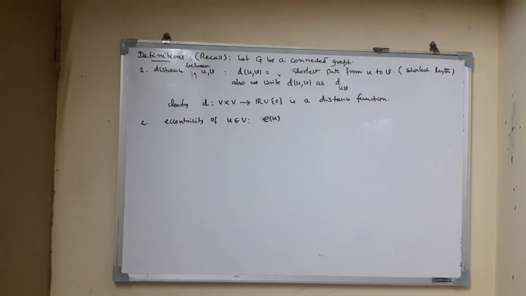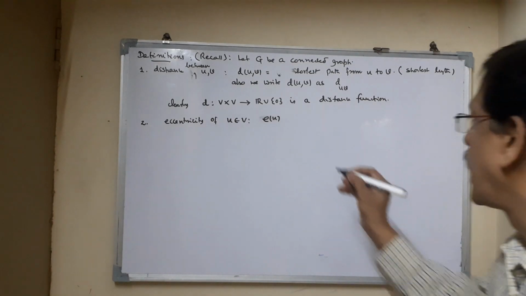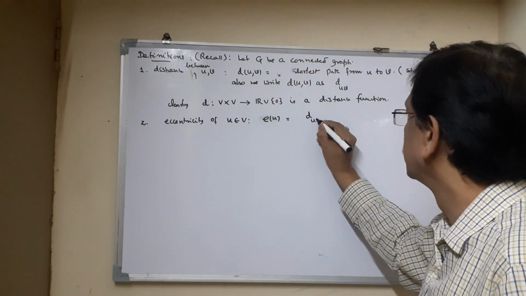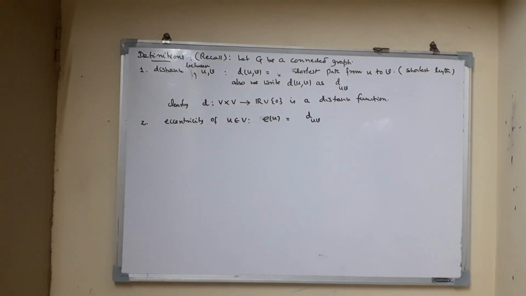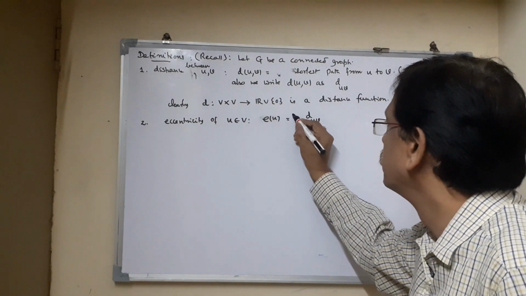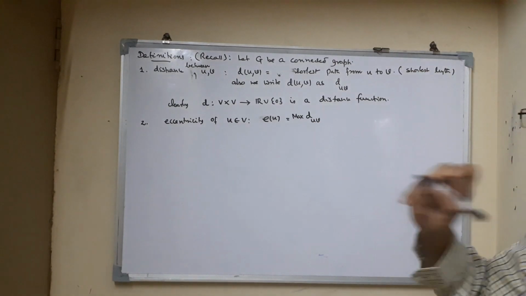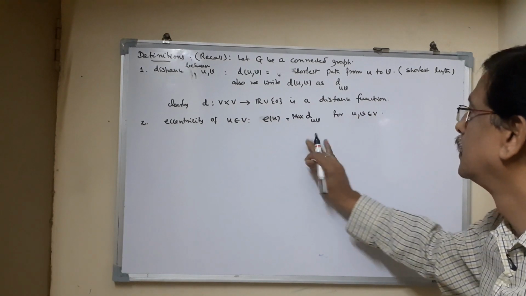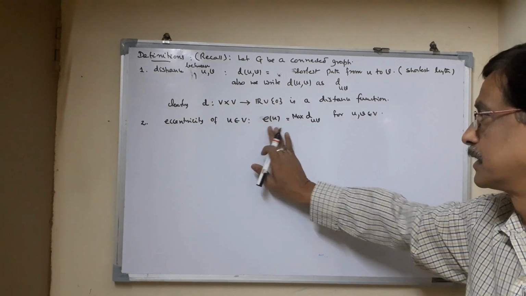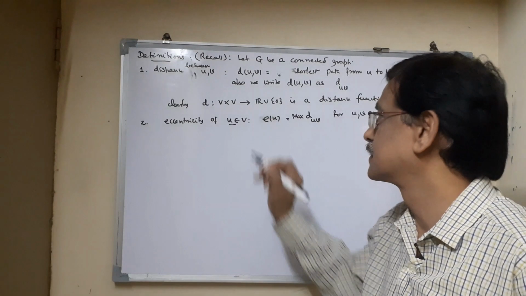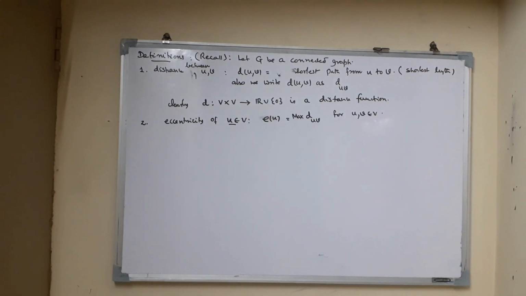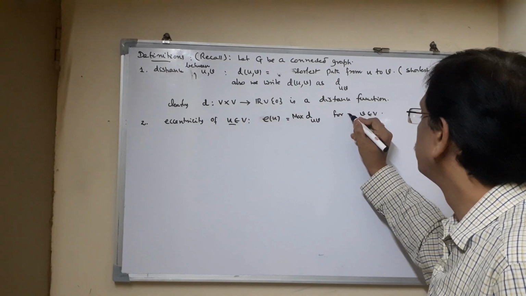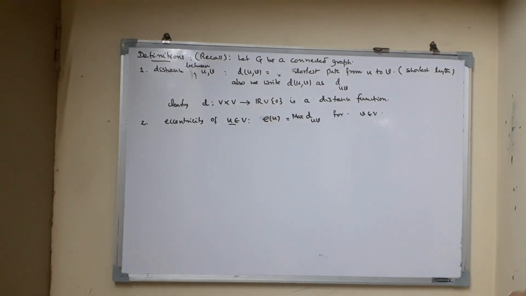I want to write down the eccentricity of U. The maximum of d(U,V) for V in V is called the eccentricity of the vertex. This is for each vertex. I'm writing e(U) is the maximum of d(U,V) for V in V, the maximum distance.